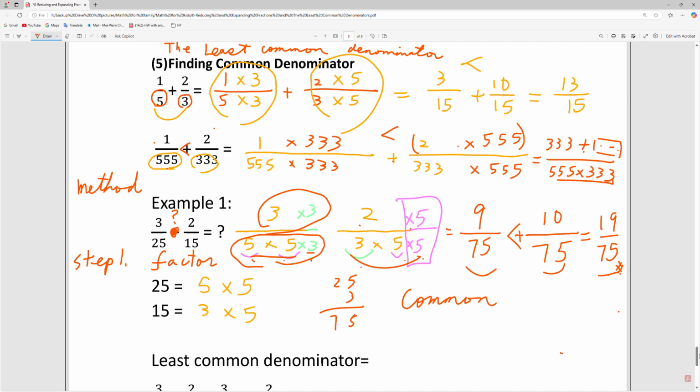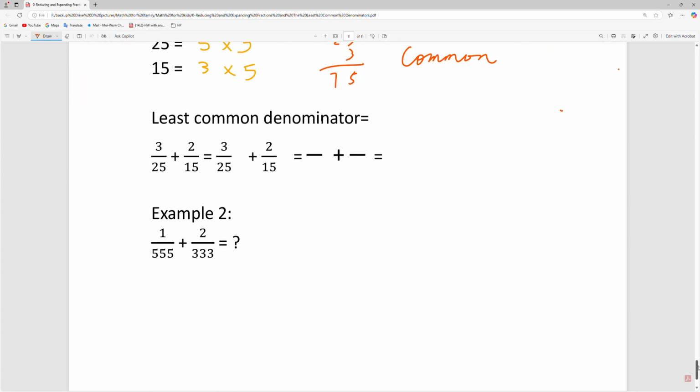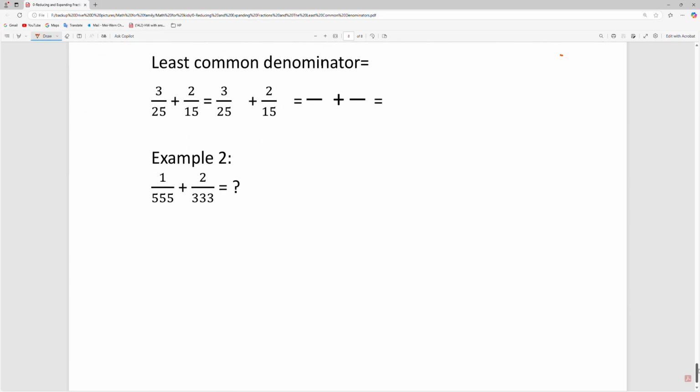So either adding or comparing, we use the same method. Okay. So I will give you one more example, then we are done. Because my video will never be a calculating training class. I focus on showing you the concept of the method. So this is the common denominator.